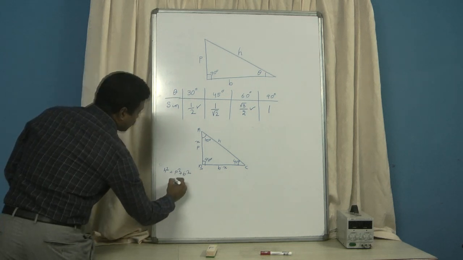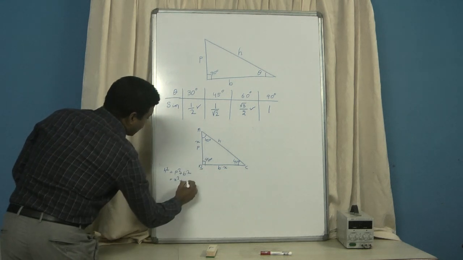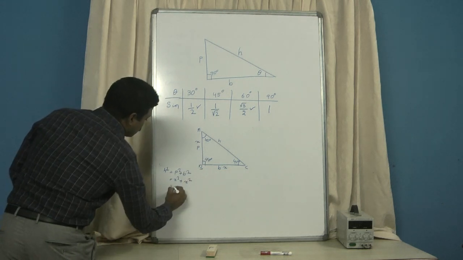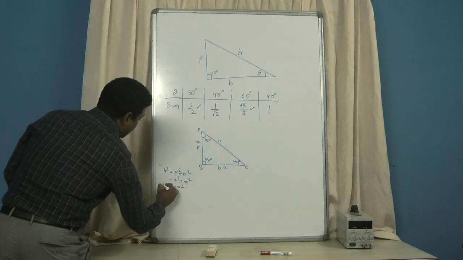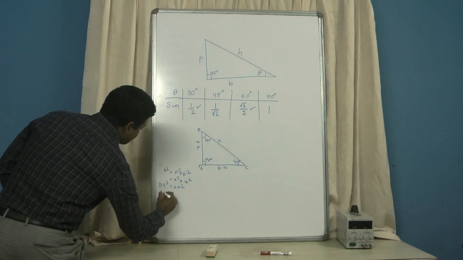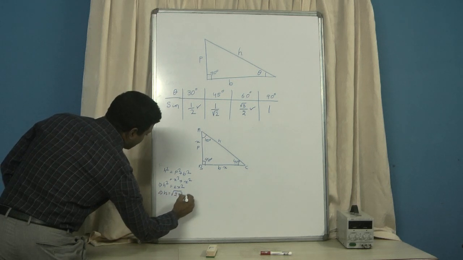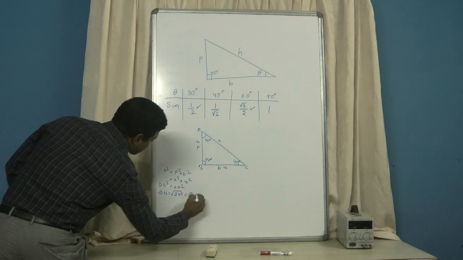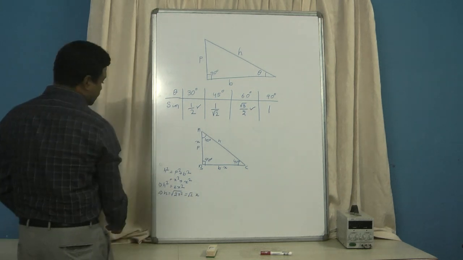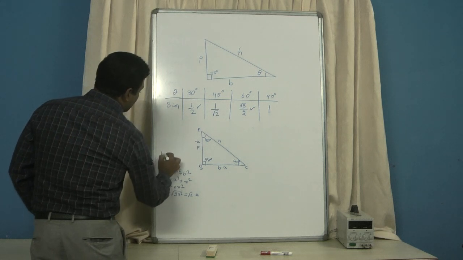That gives h square equal to x square plus x square, that means 2x square. H square equals 2x square, that implies h equals square root of 2x square. That means root 2 x. So h is root 2 x, p equal to x and b equal to x.